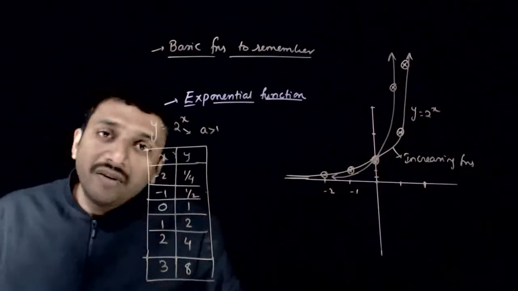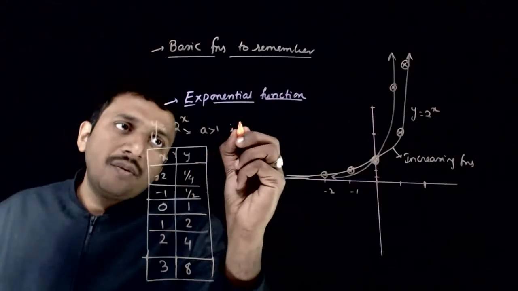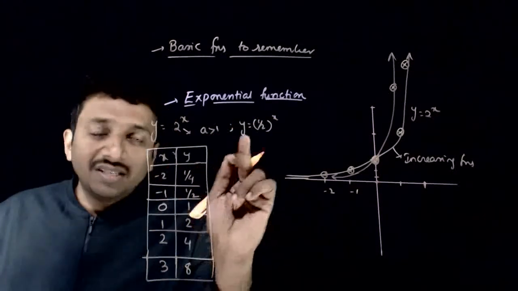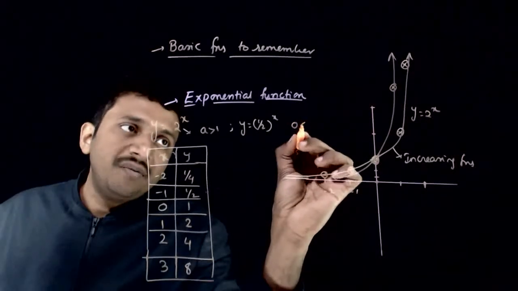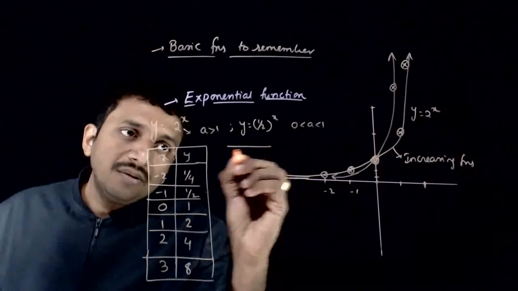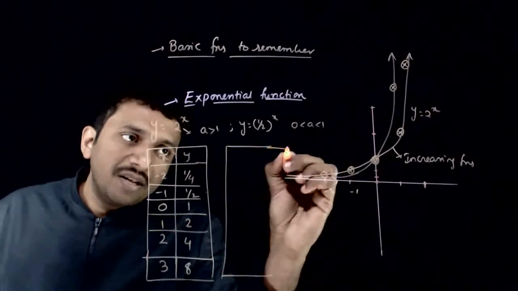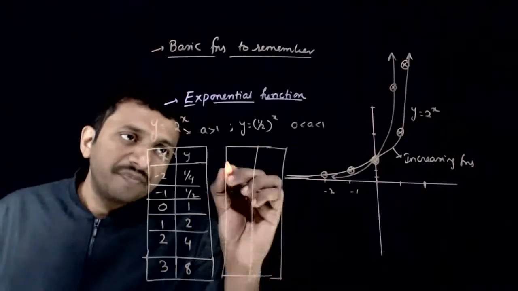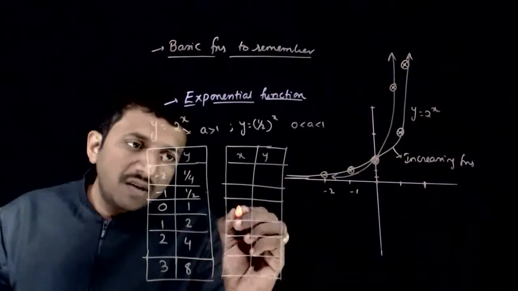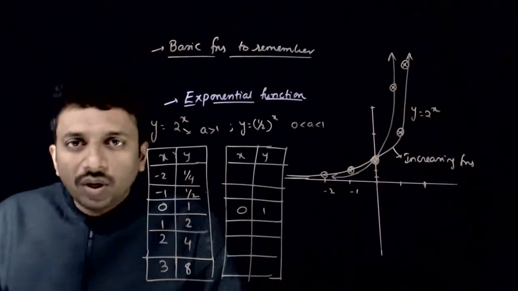But this is not always the case. If you take y is equal to 1 by 2 whole power x, that is, if the base is in between 0 and 1, if the base is a fraction, the values of x and y look reversed. So if x is equal to 0, y is equal to 1.